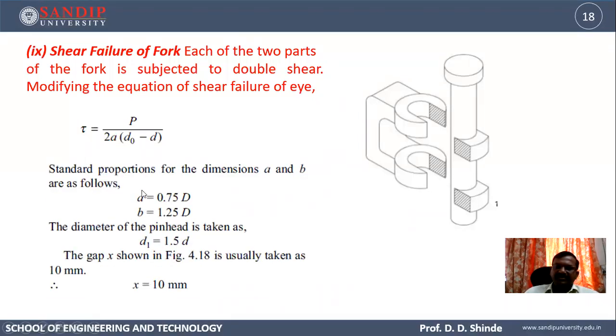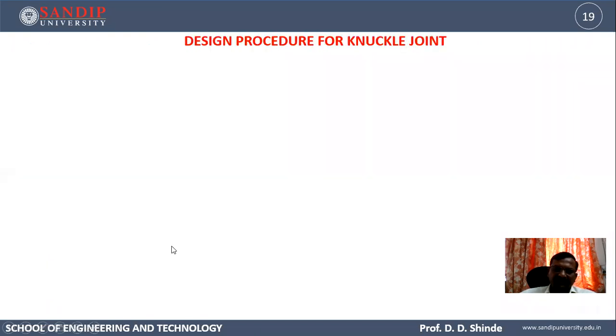Then the standard proportions which you need to use. So you can write down this equation: A equal to 0.75 D, and B equal to 1.25 D. D1 is 1.5 D. The gap X, which is generally shown from this round portion of the fork and this cross section, is generally taken as 10 mm.